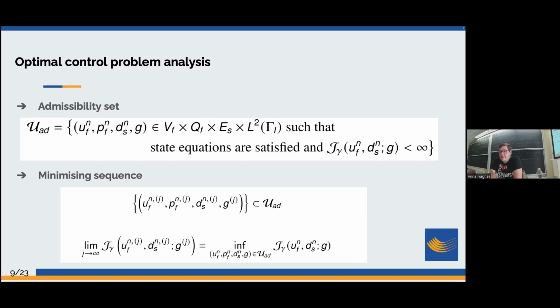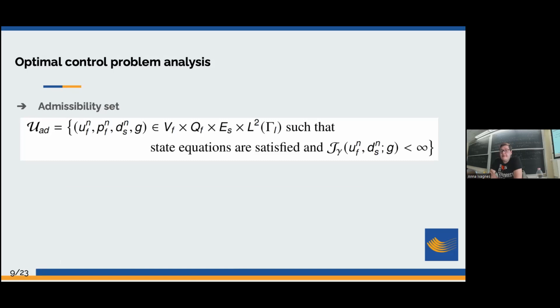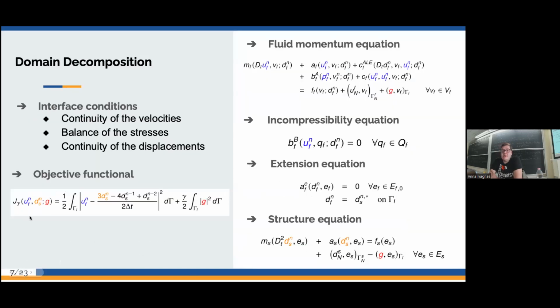Because of this, and because of how we define the functional J gamma, we see that the sequence G is bounded in the L2 sense.